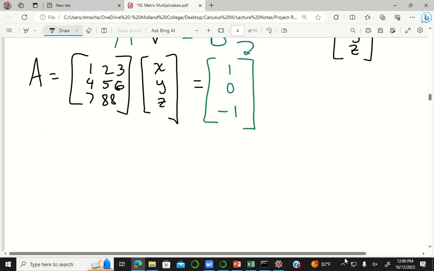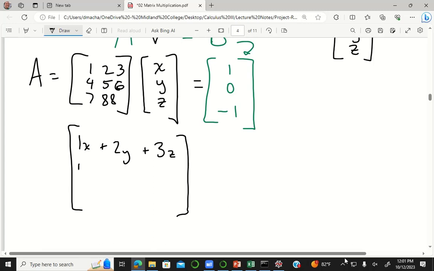So, what would matrix vector multiplication look like? On the left side of my equation, this matrix vector multiplication would be a vector product that has 3 entries. And the 3 entries are the dot product between the rows of A and the vector x, y, z. So in other words, it would be 1x plus 2y plus 3z.